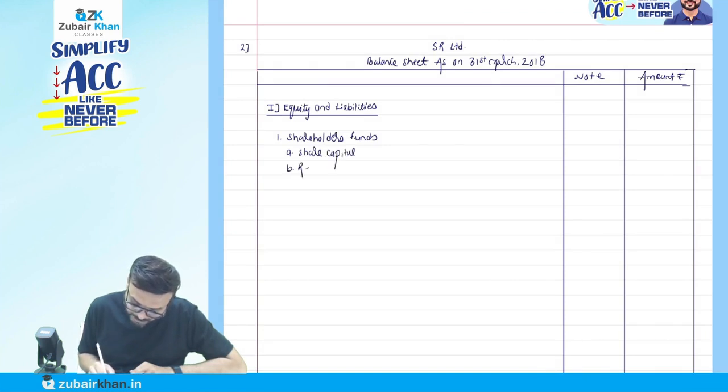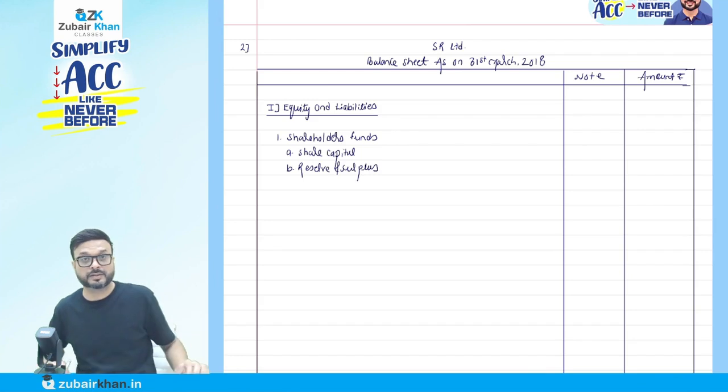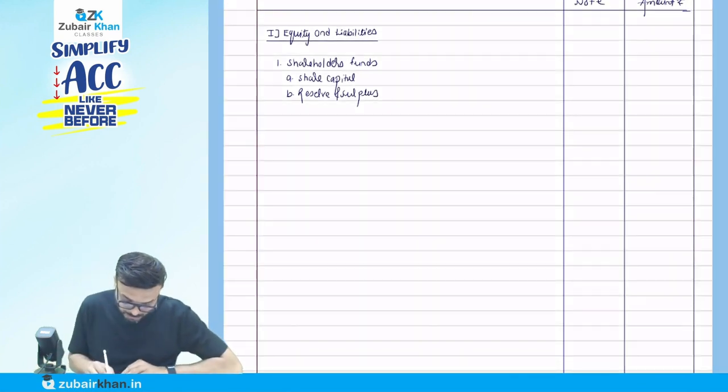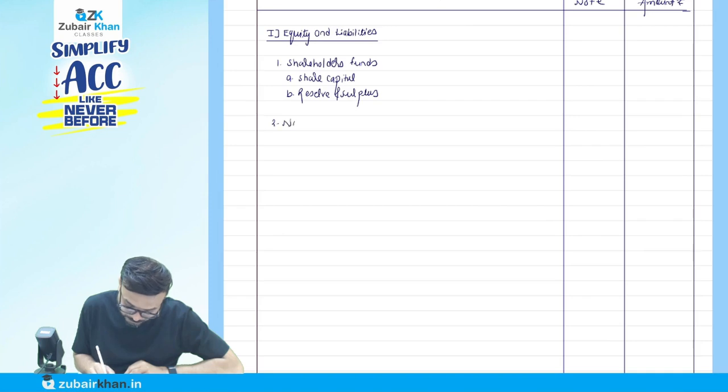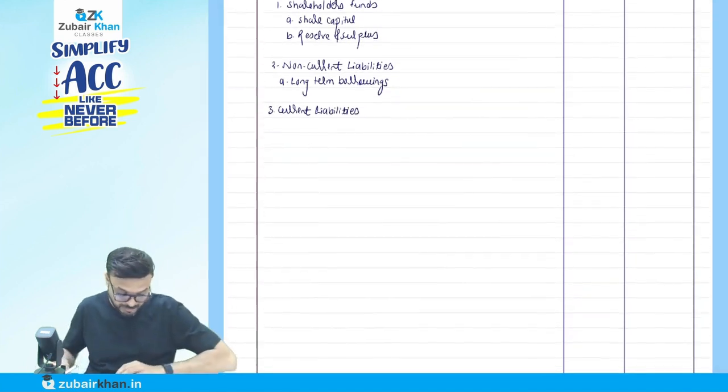B point, reserve and surplus. Then non-current liabilities. Long-term borrowings. Then we have current liabilities. Okay, under current liabilities, write down.